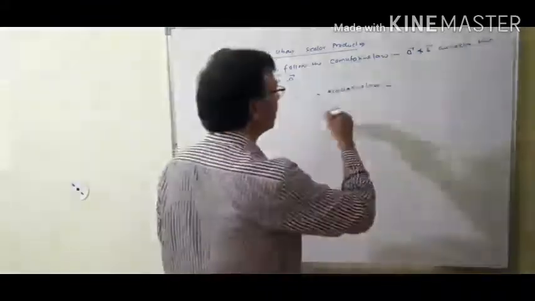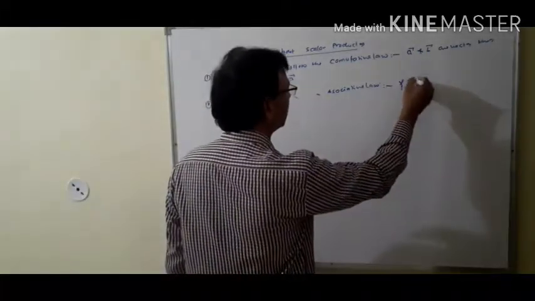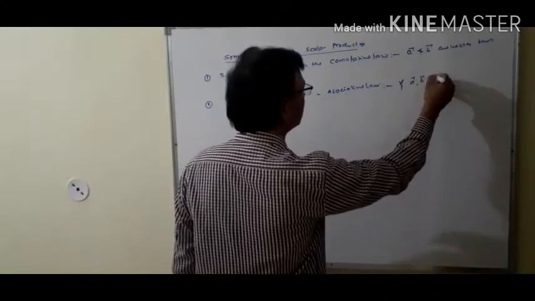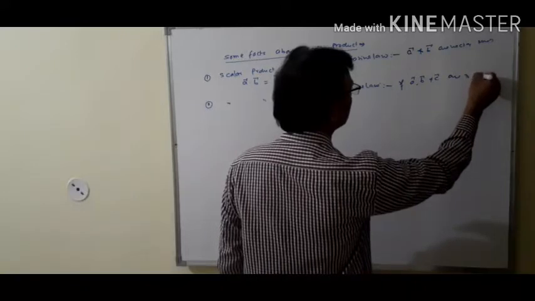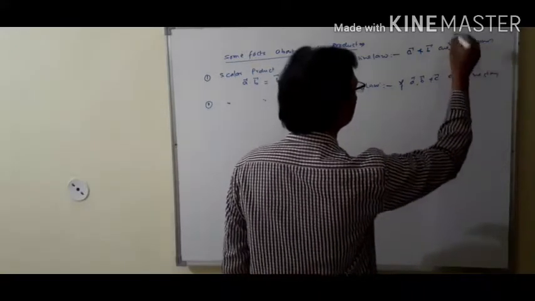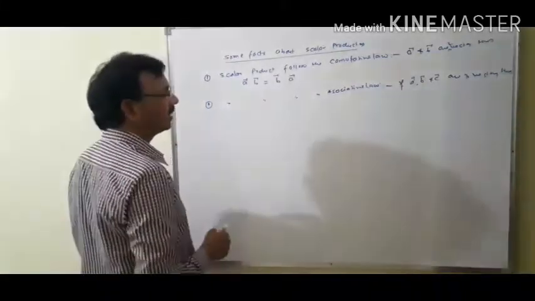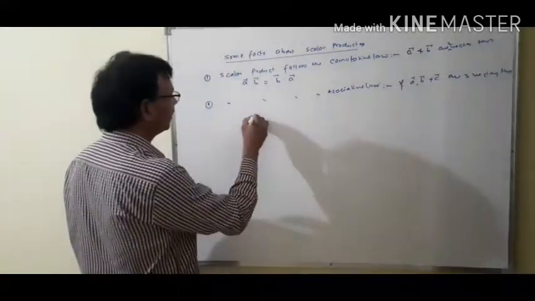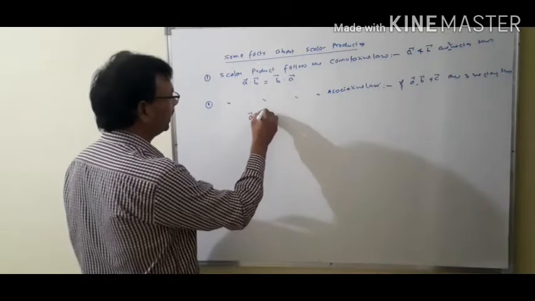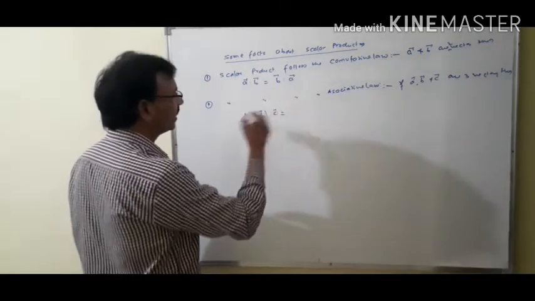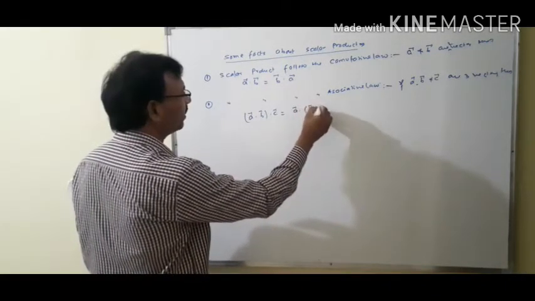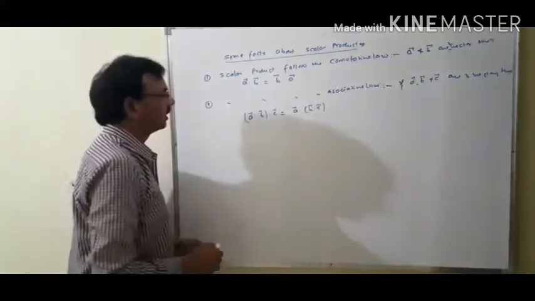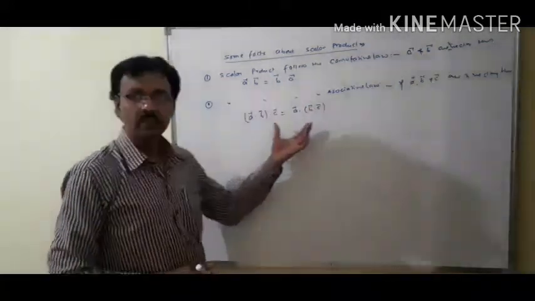And associative law, if vector A, vector B and vector C are three vectors, then product of A, B and C vectors denoted as vector A dot vector B dot vector C is equal to vector A dot vector B dot vector C, and this will always be the same quantity.